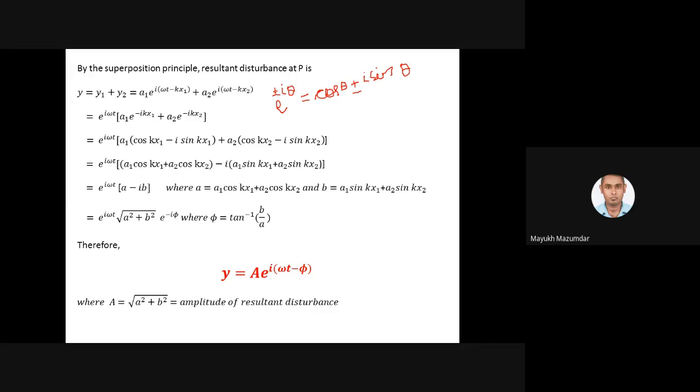That means if it is plus, you get cos theta plus i sin theta. If it is e to the power minus i theta, you get cos theta minus i sin theta. Okay, that is Euler's formula. So this formula is very important.